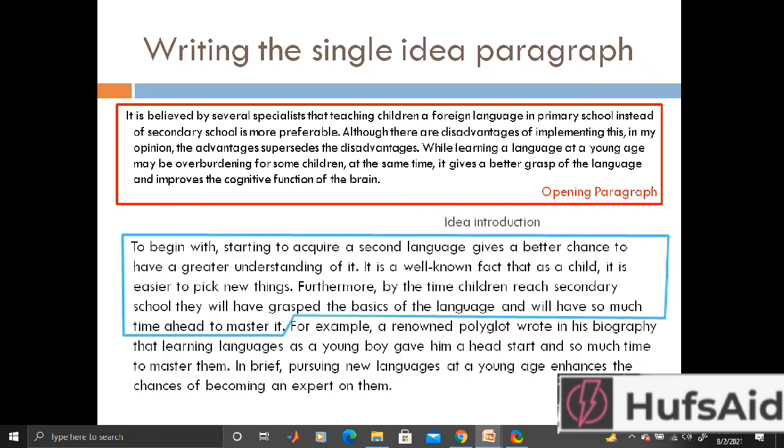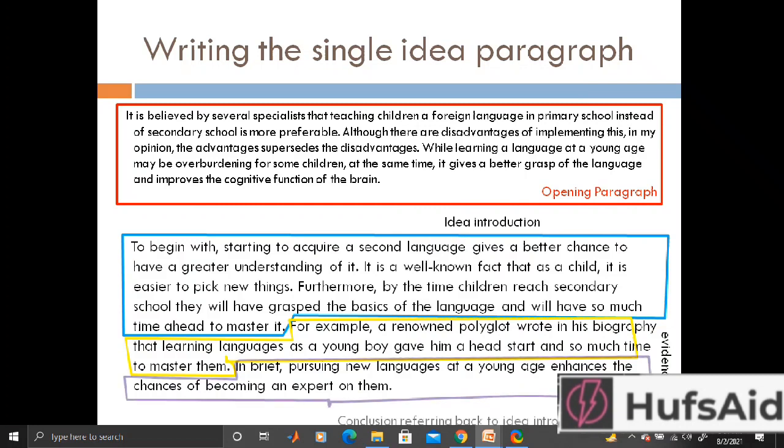Here I have used 3 sentences in all. Also 2 to 3 sentences are okay. And then this is the example, the evidence in support of my idea, and this is the conclusion. And this conclusion refers back to the idea that is introduced in the paragraph. So that is how you write a single idea paragraph.